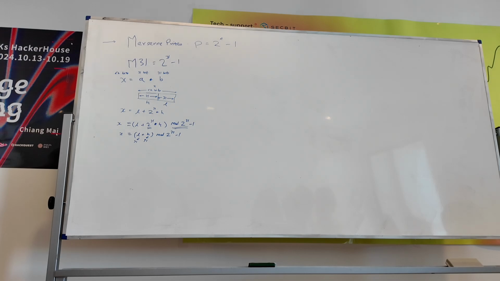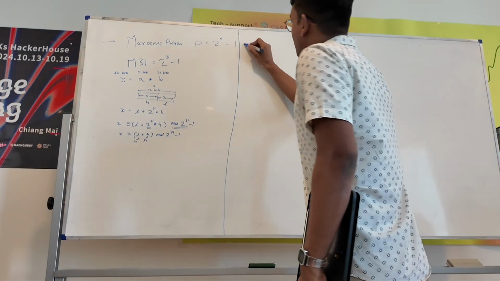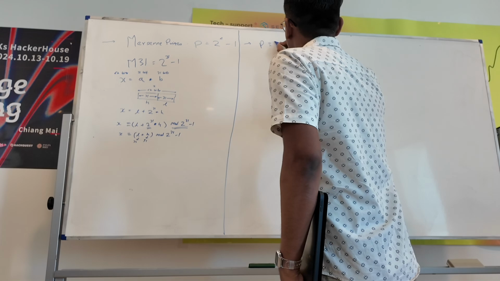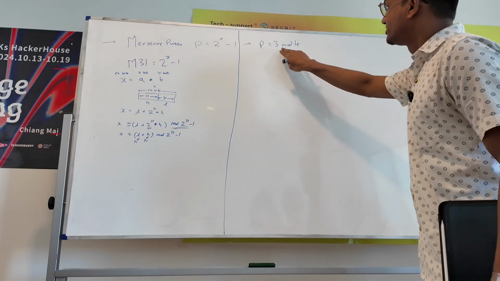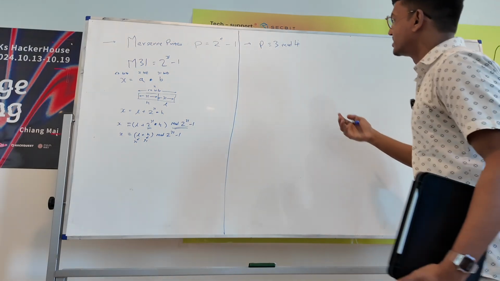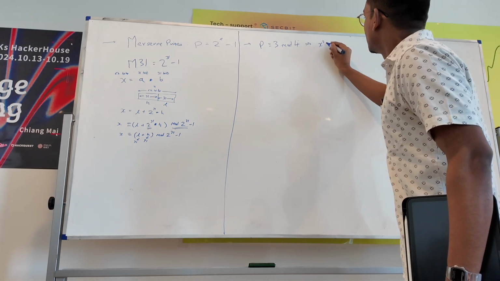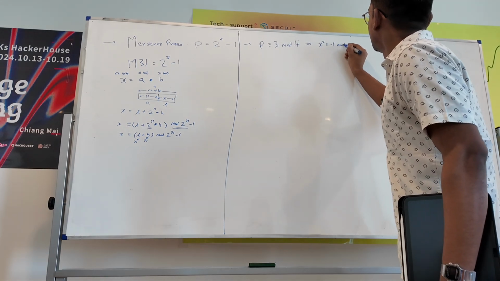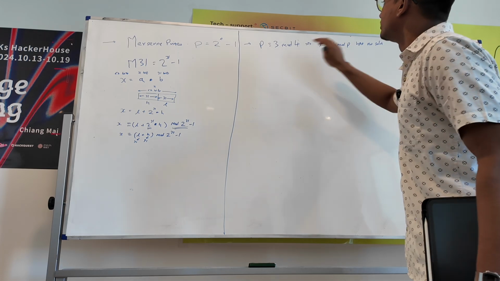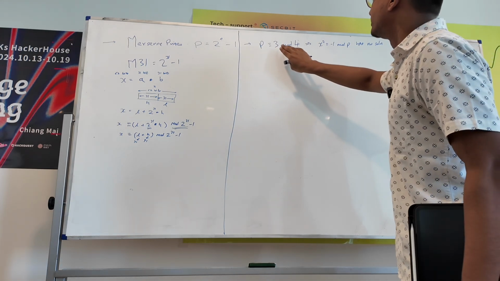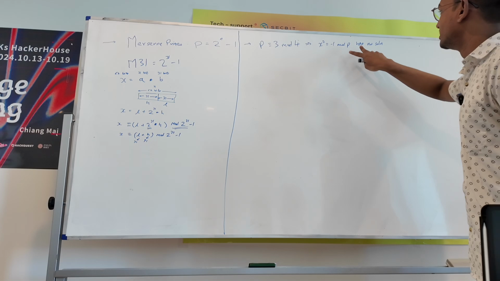And another fact of these Mersenne primes is that for Mersenne primes, p is the same as 3 modulo 4, and in the paper they mentioned that this implies that if p is 3 mod 4, then x squared equal to minus 1 modulo the prime has no solution.